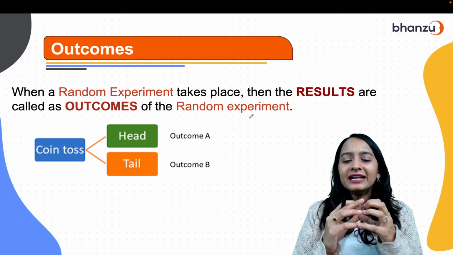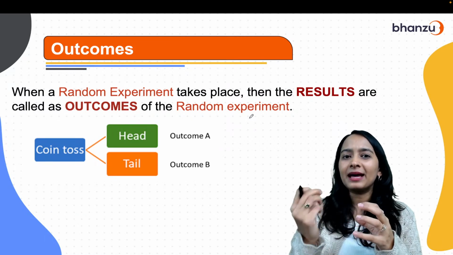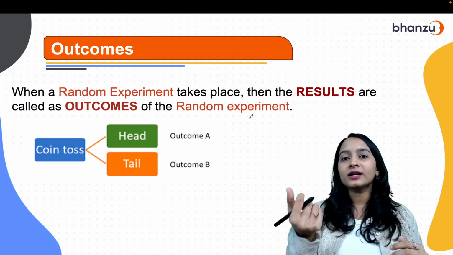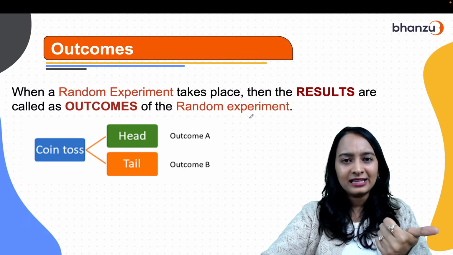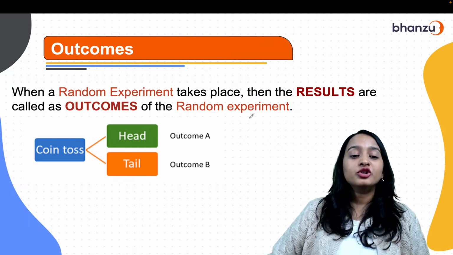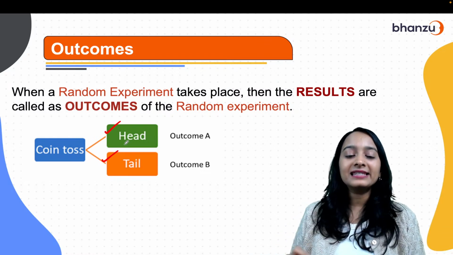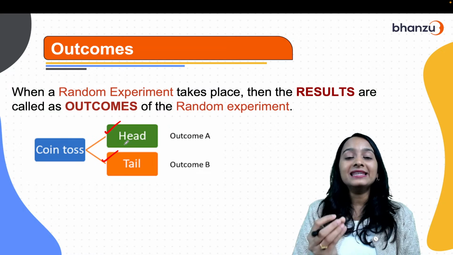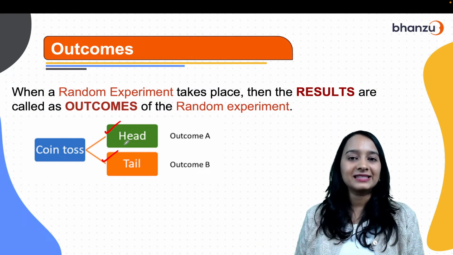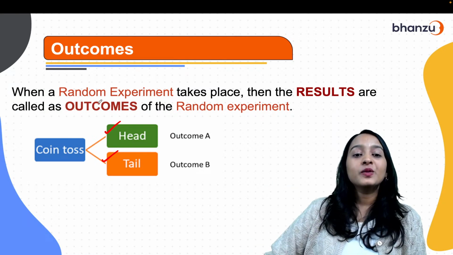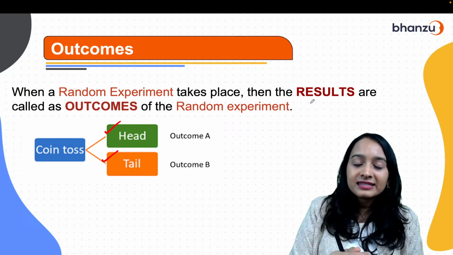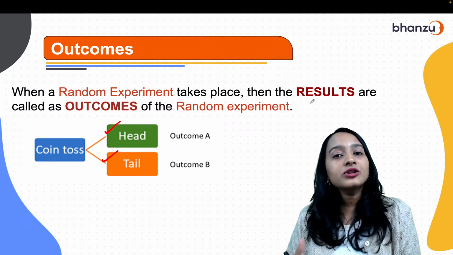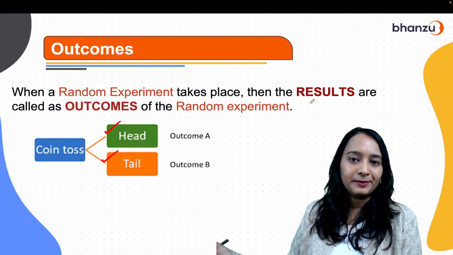Now, a random experiment has some result, right? So when I toss a coin, I either get a heads or I can get a tail. So these two, heads and tails, are called the outcomes, the results of a random experiment. So when a random experiment takes place, the results are nothing but the outcomes of that random experiment.